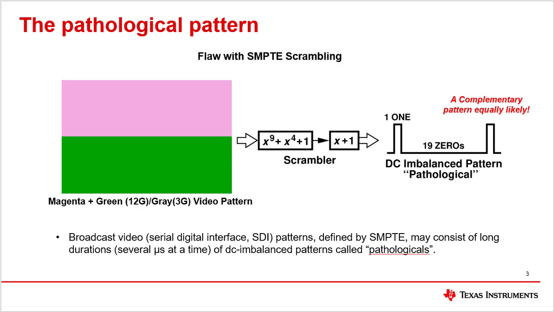A complementary pattern consisting of 19 ones and 1 zero is equally likely to occur. These DC imbalance patterns, called pathologicals, can be several microseconds in duration, and they pose a significant problem in these systems.